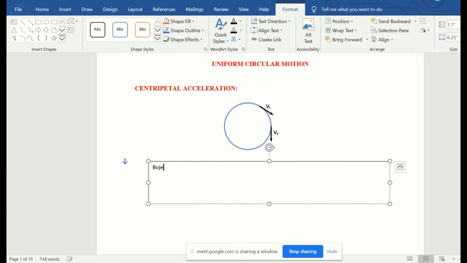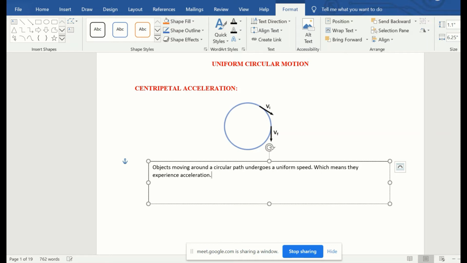An object moving around a circular path undergoes a uniform speed, which means they experience acceleration.